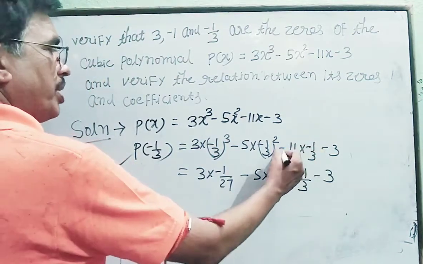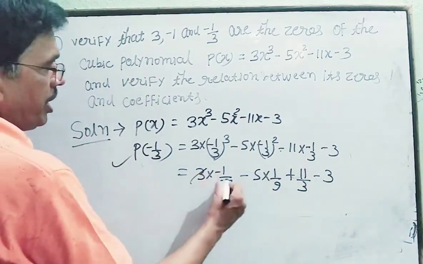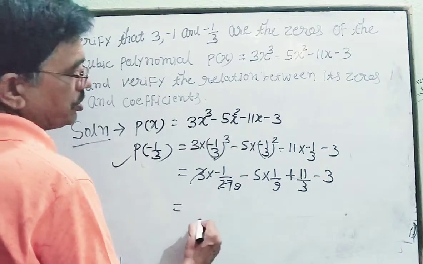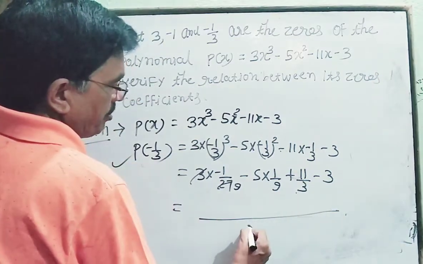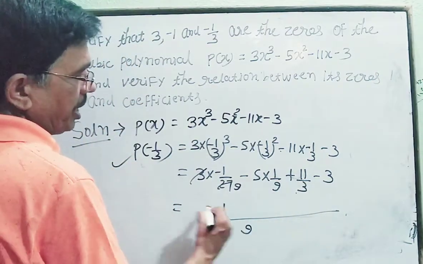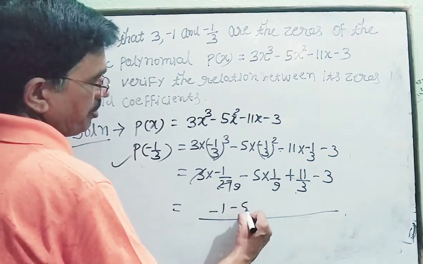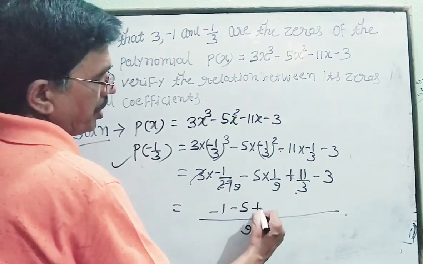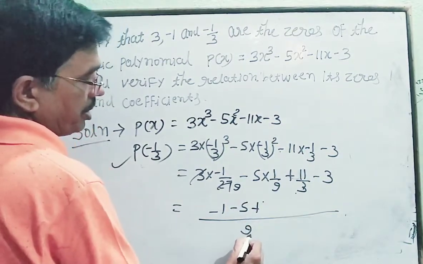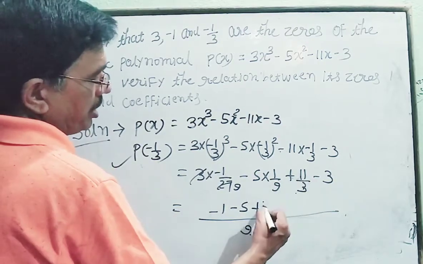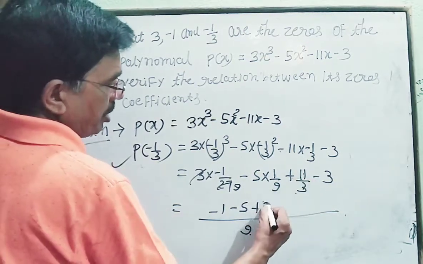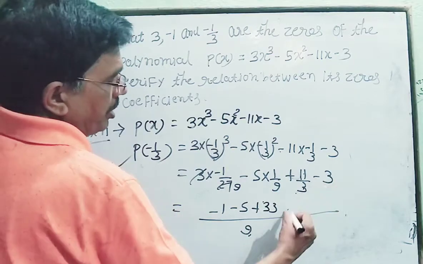So now take LCM. LCM is 9. Then it is minus 1, it is minus 5, it is 3 threes are 9, and then 11 into 3 is 33, and 9 into 3 is 27.